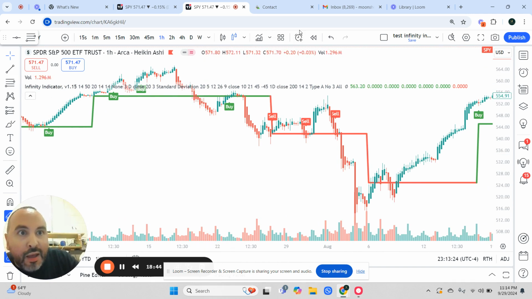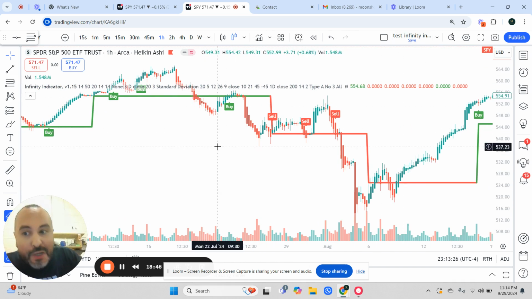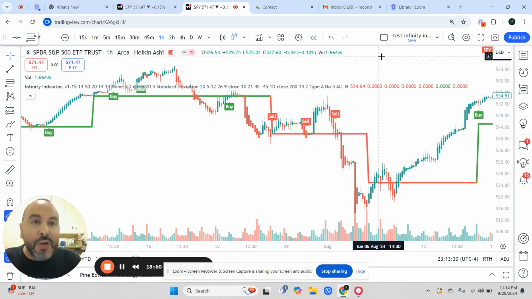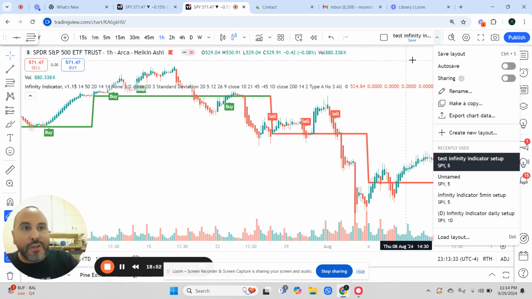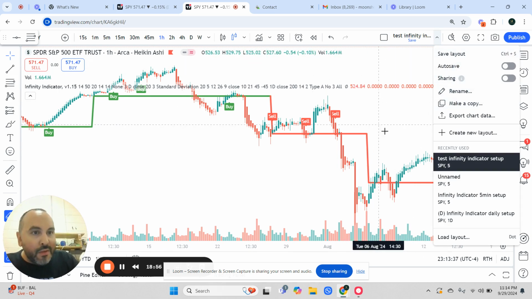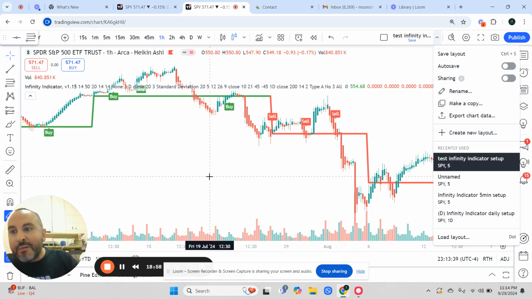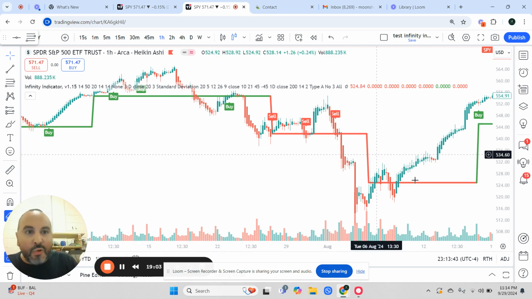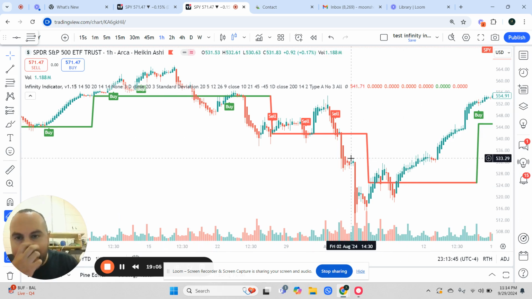If you have a free TradingView account, you can't save anymore. If you do pay for TradingView, then what I want you to do is make a new layout. So you can create a new layout and do the whole setup all over again, or there may be a way to do that differently.